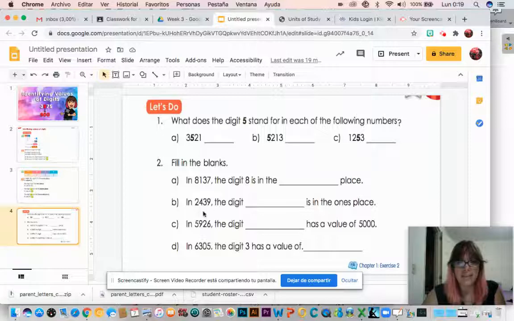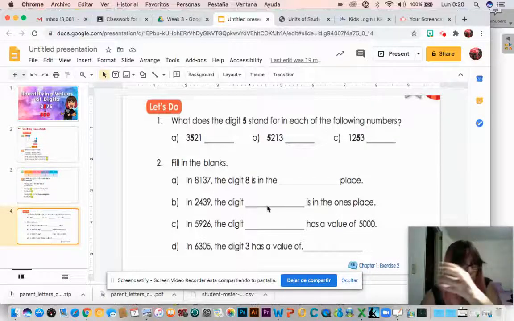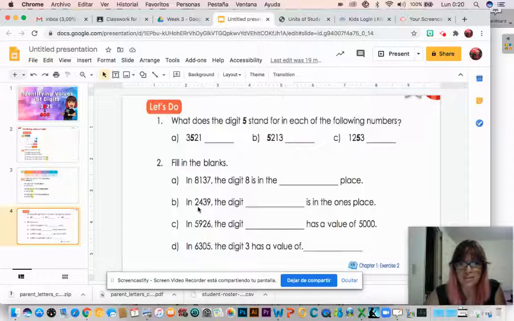Here, in this number, the digit, yes, you write a number and just one digit. You don't write the expanded form, just one digit. The digit is in the ones place. So you go and see which is in the ones place and write it here, which digit. Now in this, which digit equals 5,000?